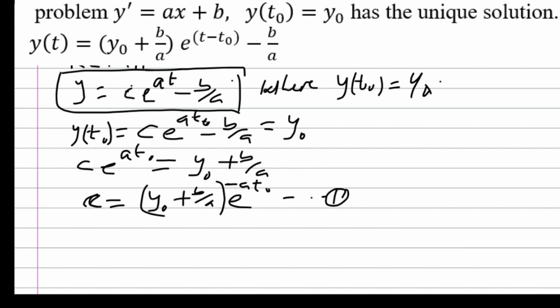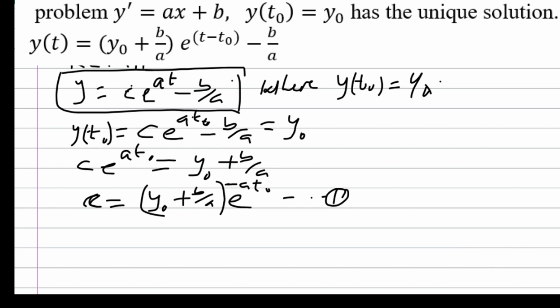Now when they give you the initial value problem or values, it means that you are going to find the value of c and put it inside. So c is now known. It means that the solution you are going to get is now a particular solution. So that's why we have found c using the variables t naught and y naught. Now we go and substitute back inside the original equation.